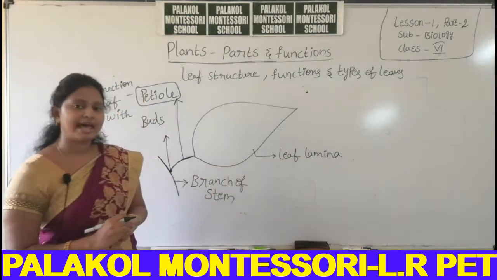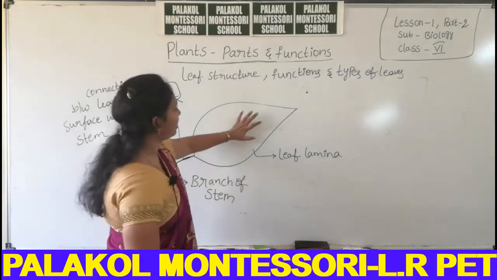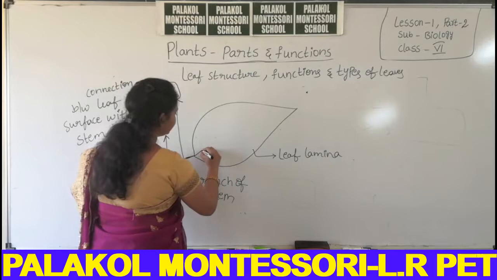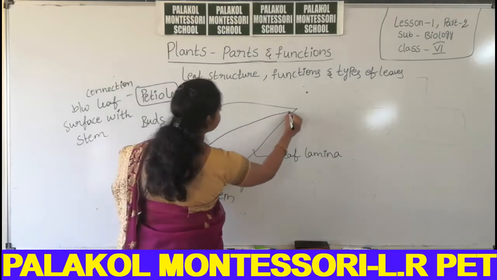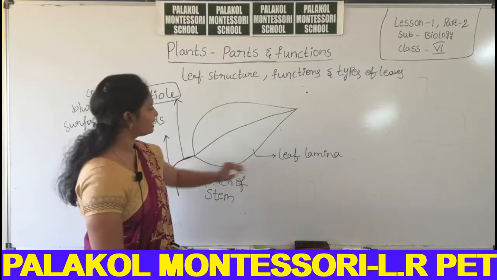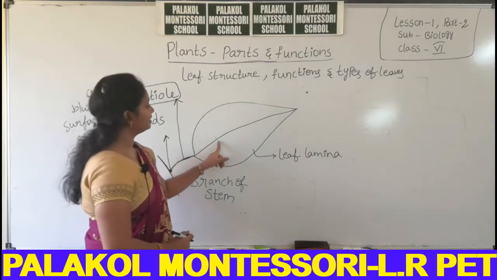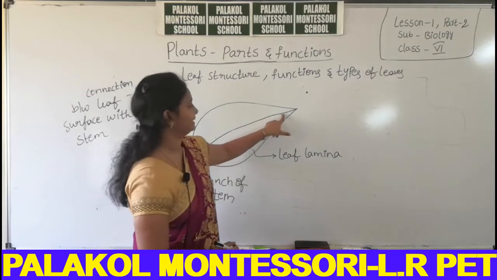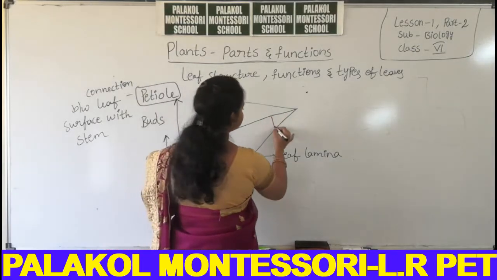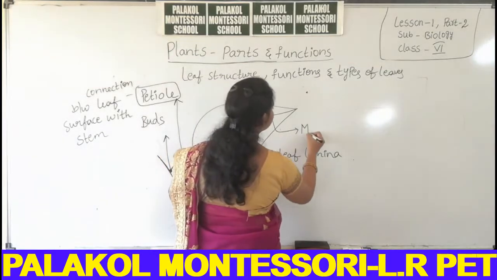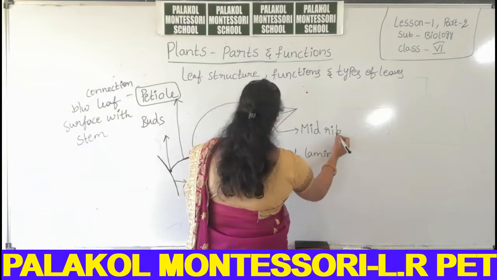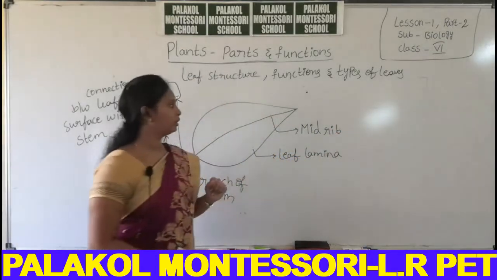Okay, leaf lamina. In the leaf lamina, at the center, we observe a straight line on the surface of the leaf lamina. This straight line we call the midrib.